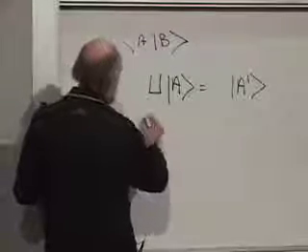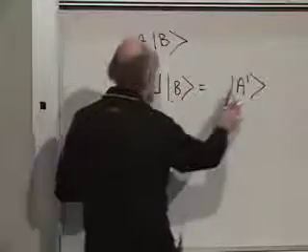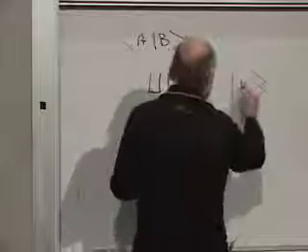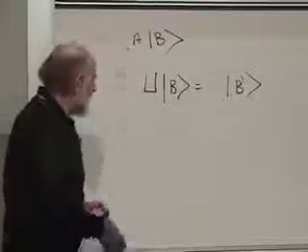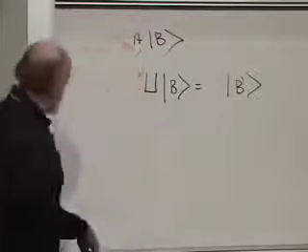Of course, I don't know why I wrote A here. I think I should have written B, B prime. B and B prime are just labels. They could run over any vector in the vector space.